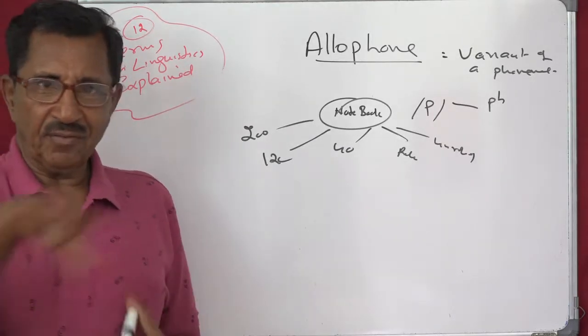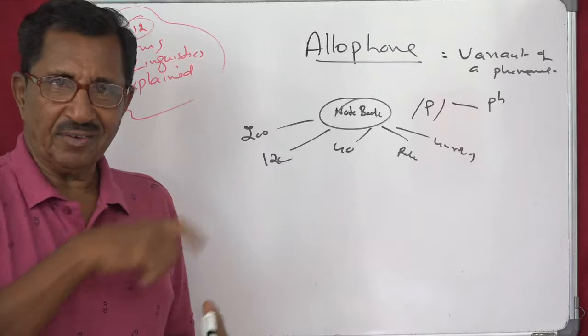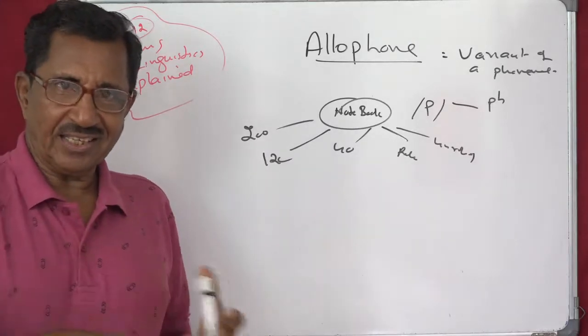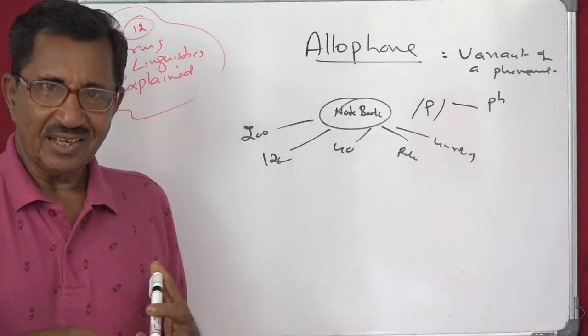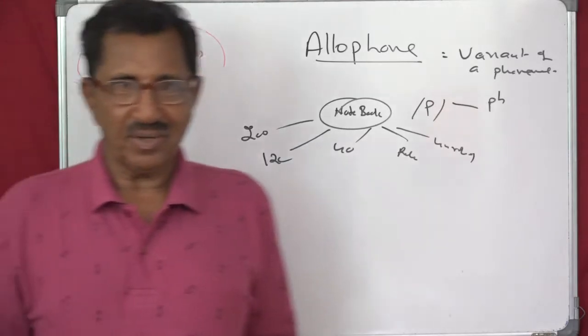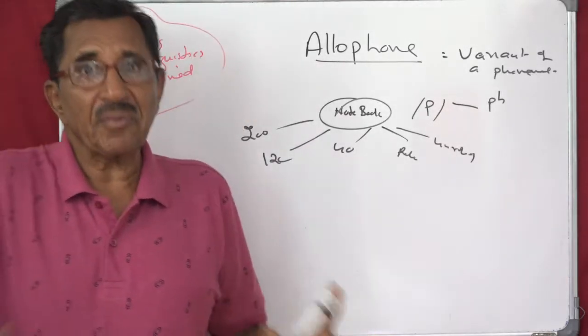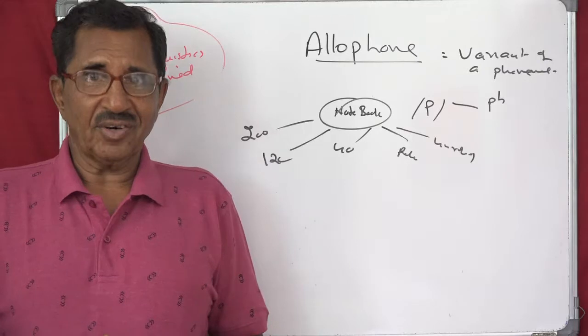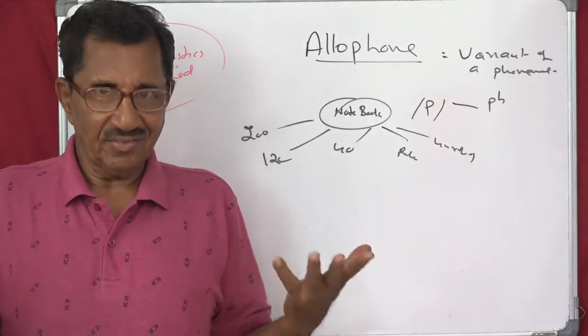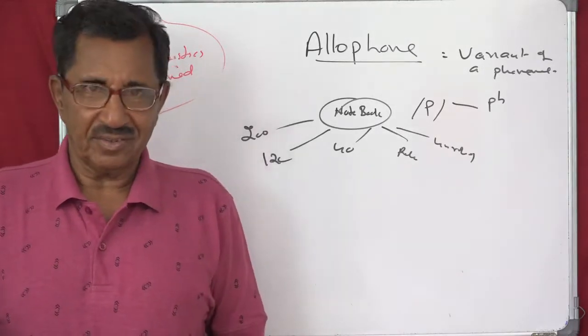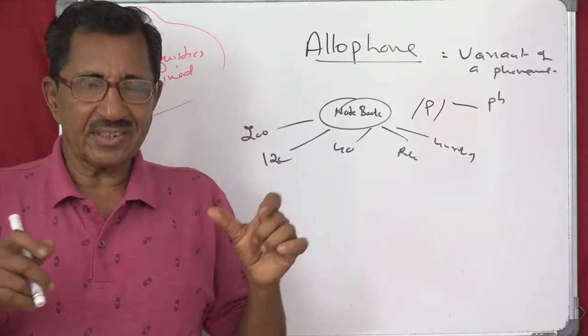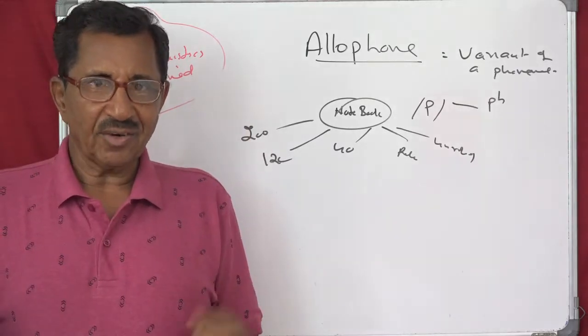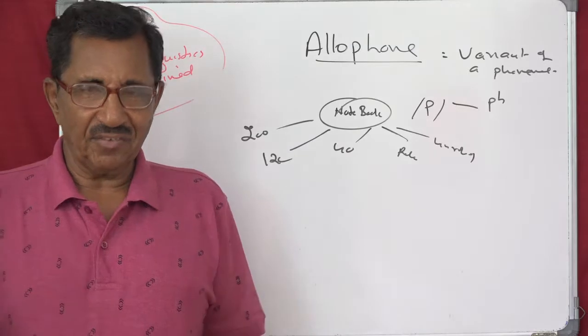So, variants of notebooks, variants of a phoneme, variants of cakes, variants of jalebis, variants of cars. You have plenty of cars now. Variants of mobile phones. You have got how many types? But they are all mobile phones. There are small ones, big ones.